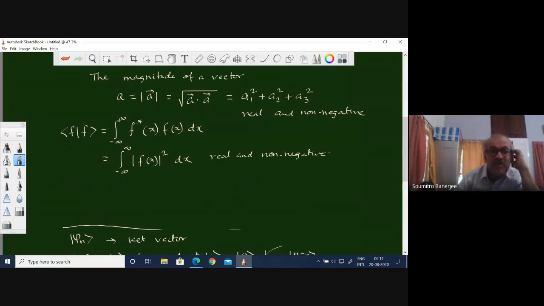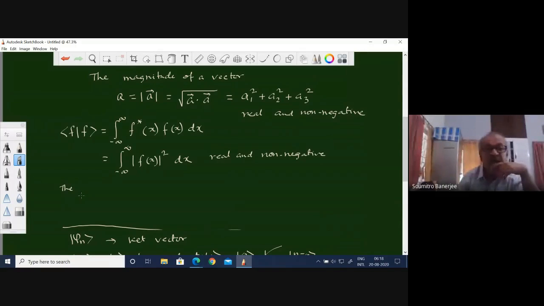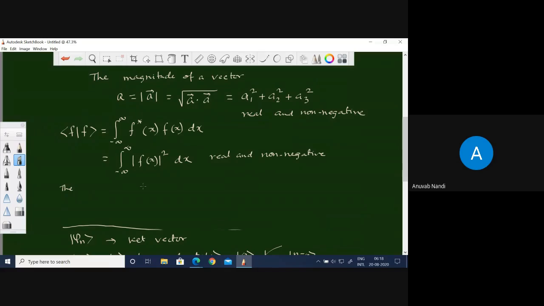So the magnitude of a vector was calculated this way. A magnitude of a function we can calculate this way. That means it is a bracket with itself. So aren't we missing a root there? Sir, she is saying that if the inner product is the norm squared, right?